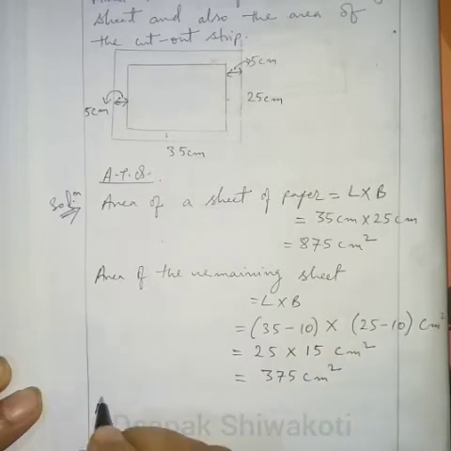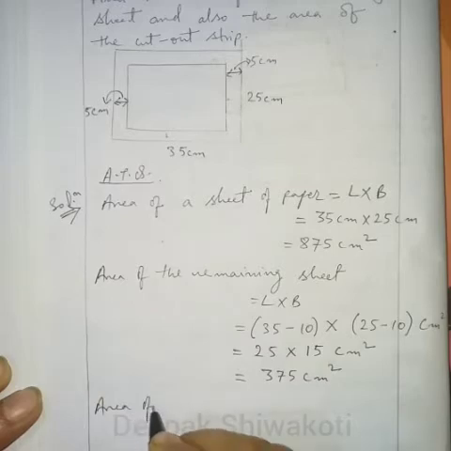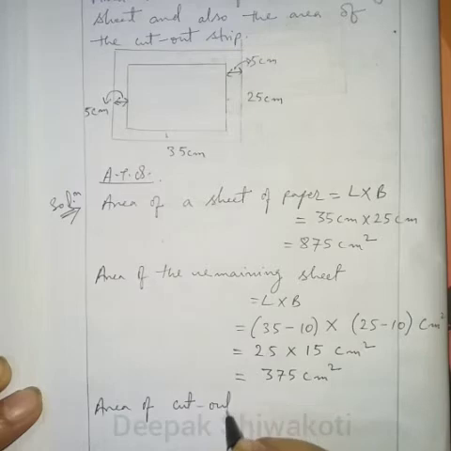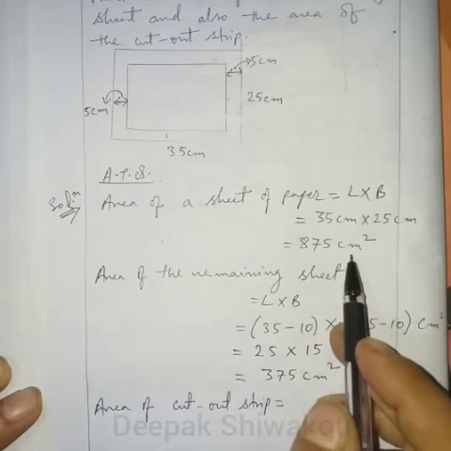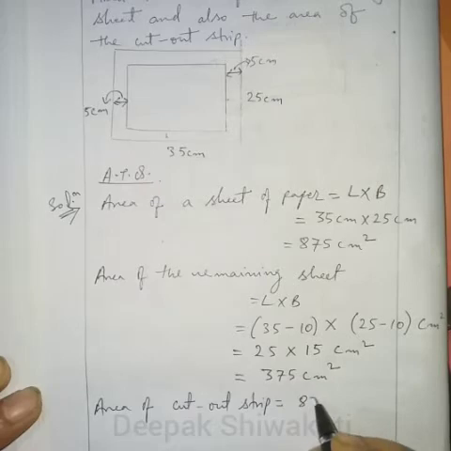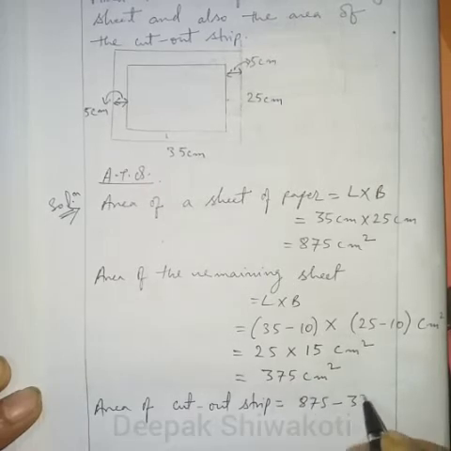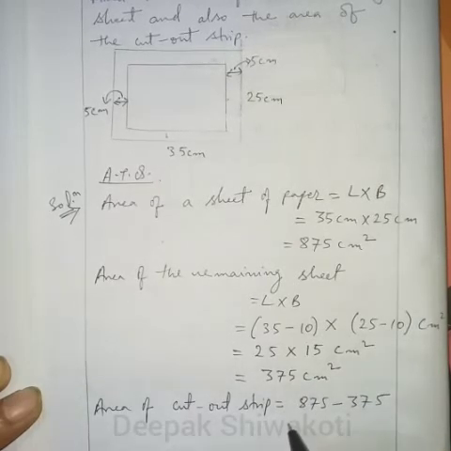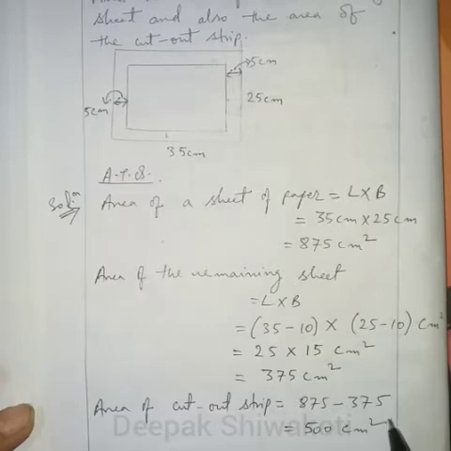So therefore area of cutout strip will be equal to the area of this paper minus the area of the remaining sheet. So here 875 minus 375, that is equal to 500 centimeter square, isn't it?